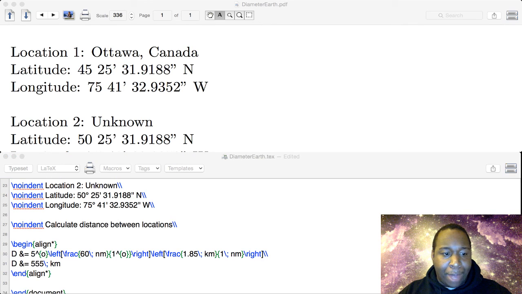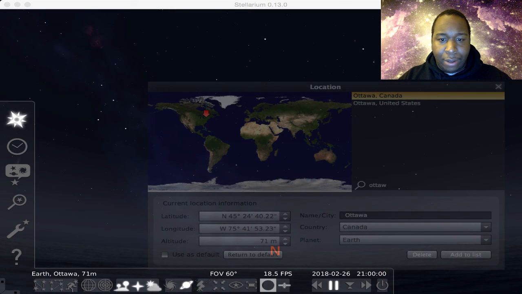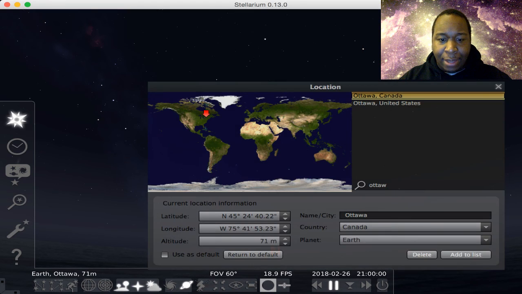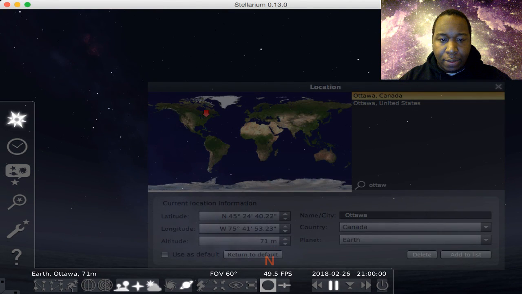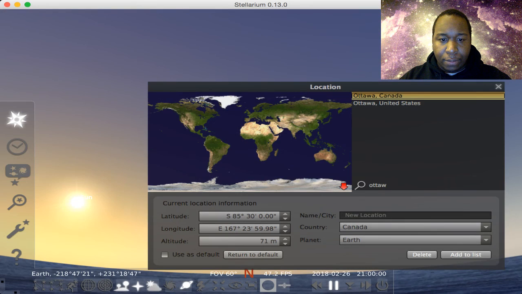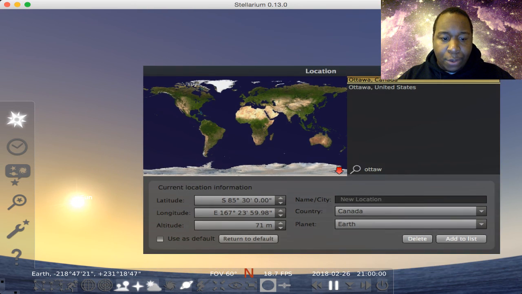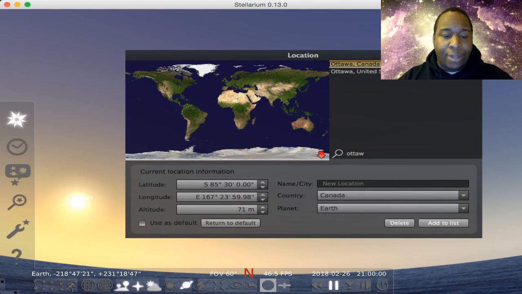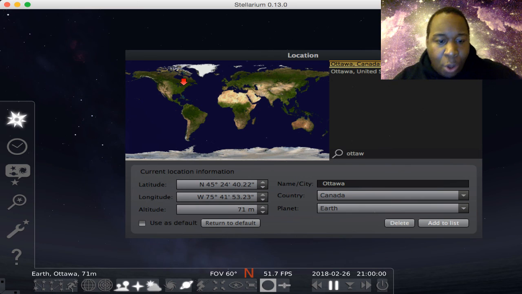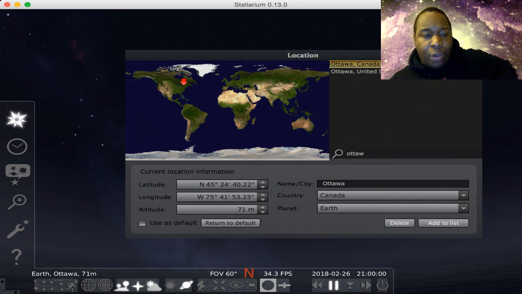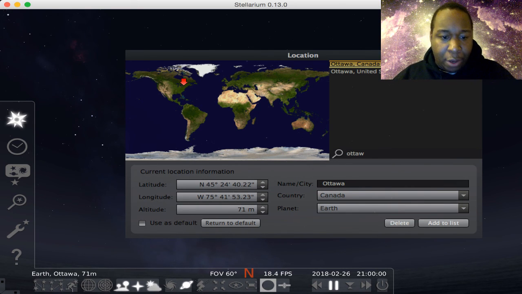If we navigate back to Stellarium, and I hope you guys can see this. Oh, I see what happened. I changed the location. Sorry about that. So it looks like everything checks out with what Stellarium's showing me here.